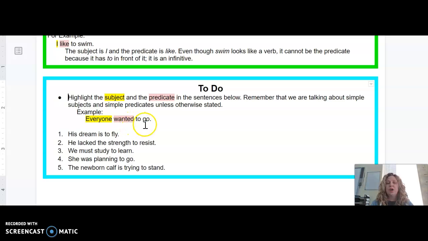And we have here to go. Go is a verb, right? That's something that someone can do. It's an action verb. But because it's with to go, that turns it into an infinitive. It cannot be your predicate. So just identify subject and predicate in these sentences, keeping in mind that an infinitive cannot be the predicate.